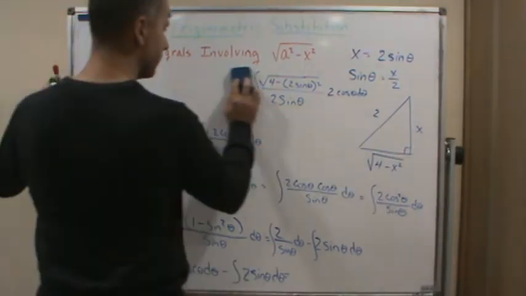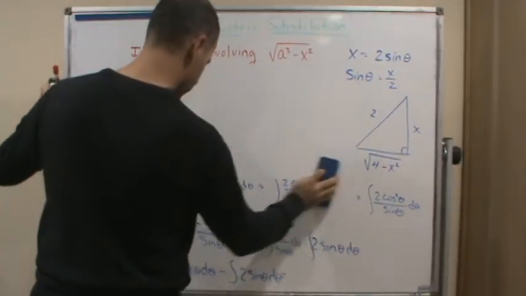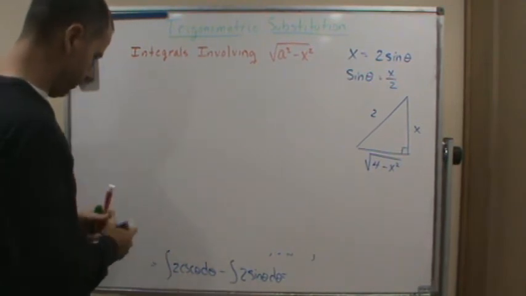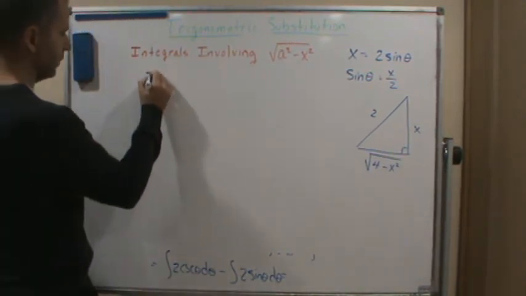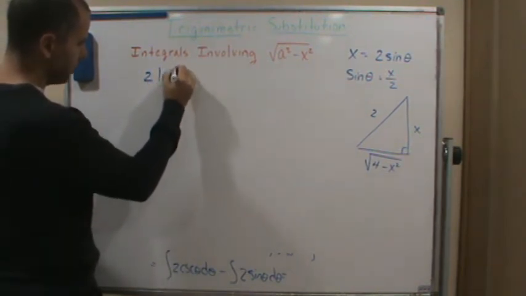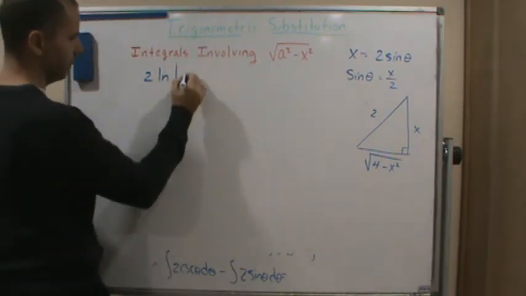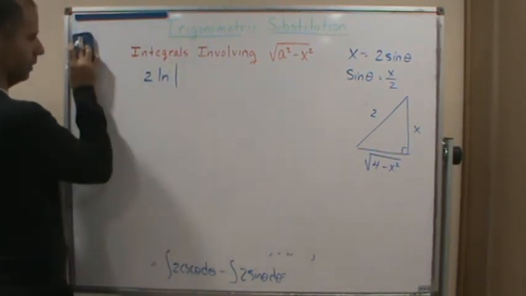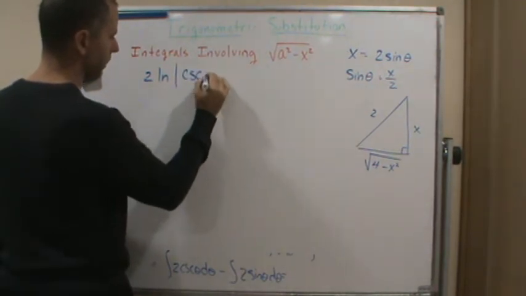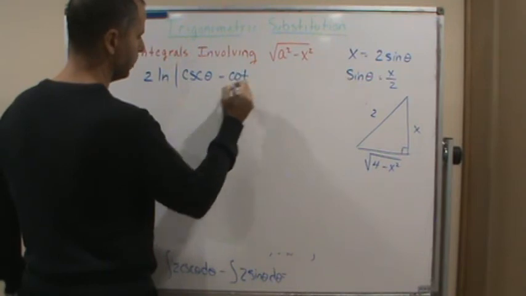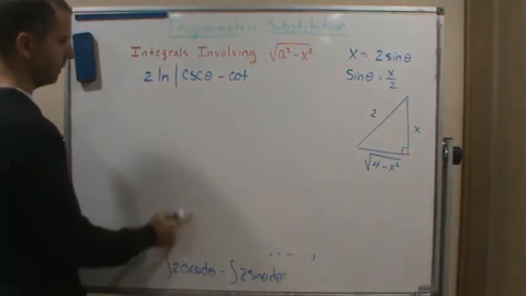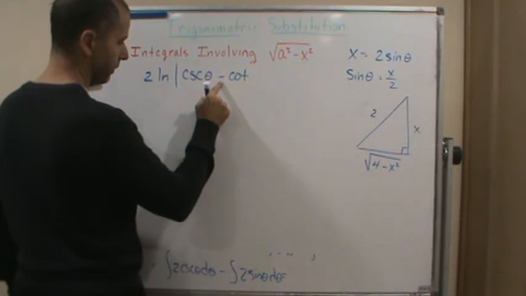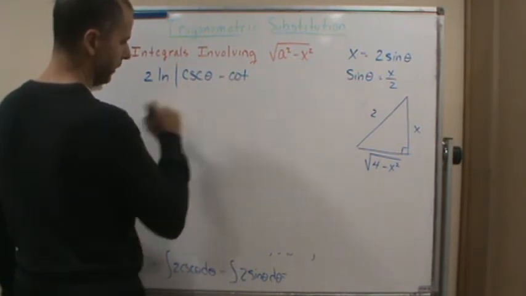Let me erase this. Now the integral of this is going to be 2 times the natural log of the absolute value of cosecant theta minus cotangent theta, because if we were taking the integral of secant theta, it would be the natural log of the absolute value of secant theta plus tangent theta.